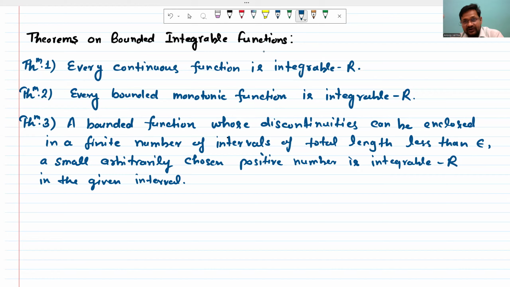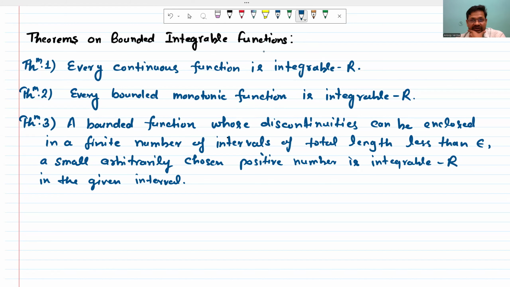But if a finite number of points are the discontinuities, then you can easily say the function is bounded and will definitely be integrable R, because we can break the definite integral at the points where the discontinuities show up. So you can easily get the finite integral for that.